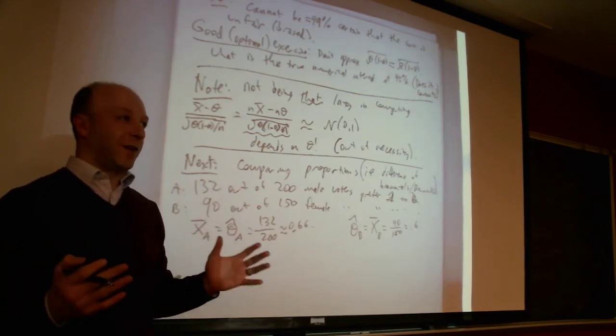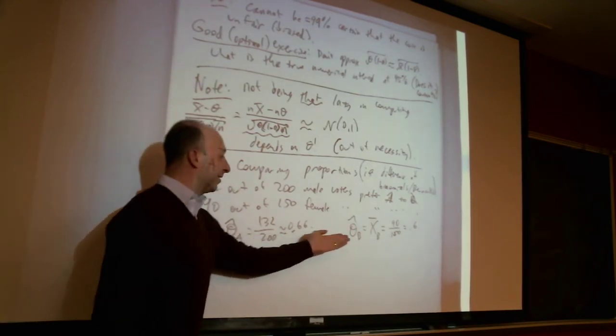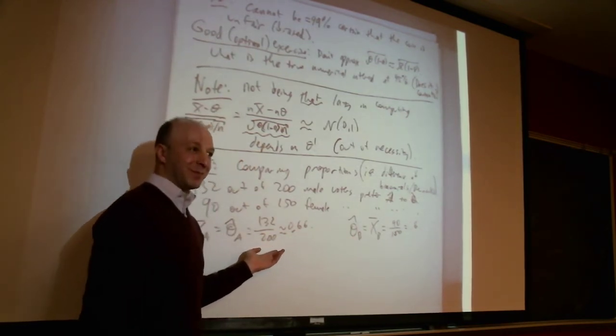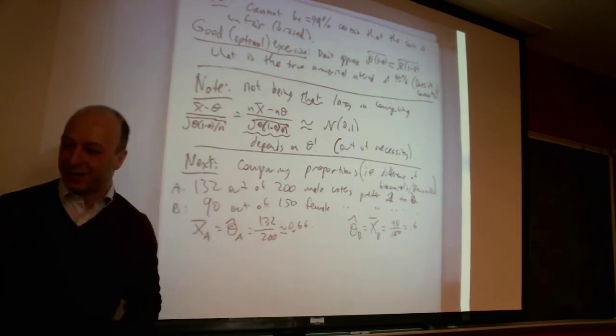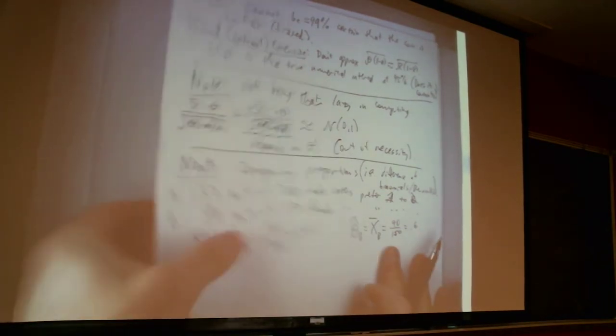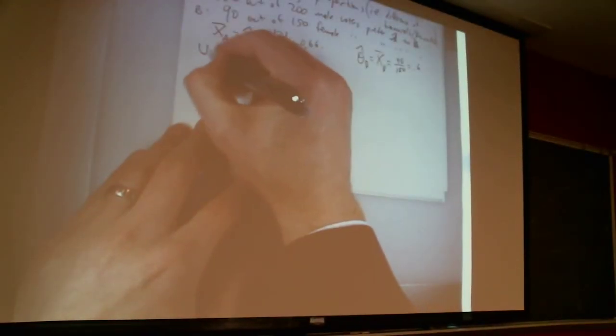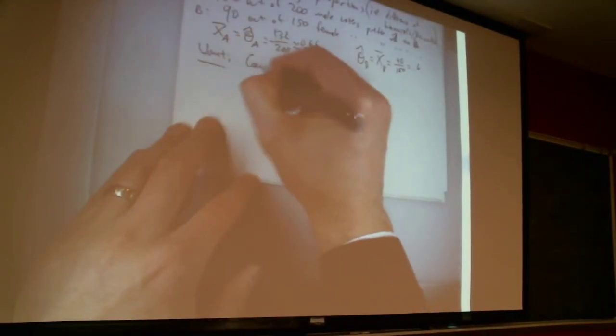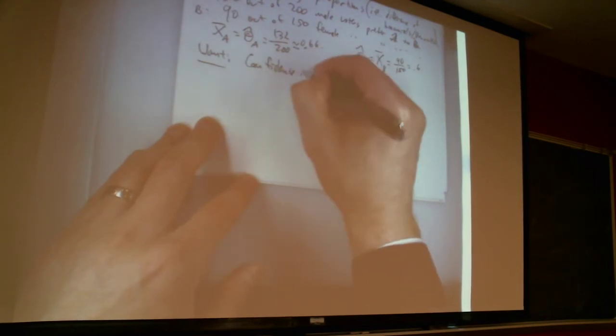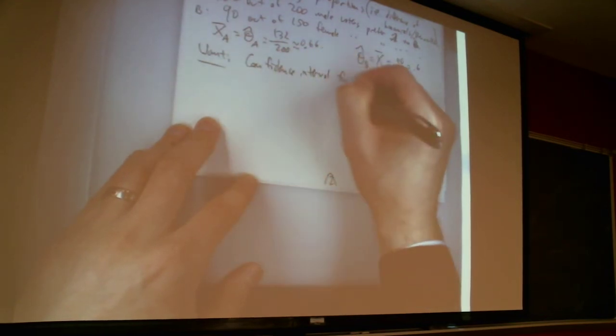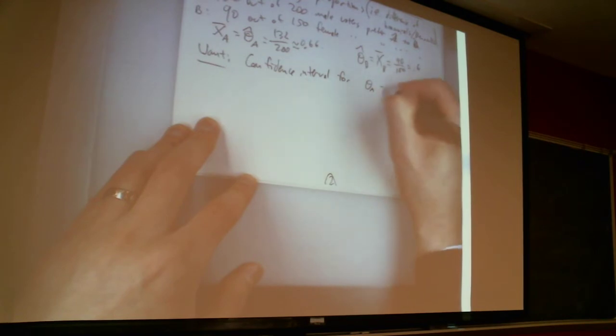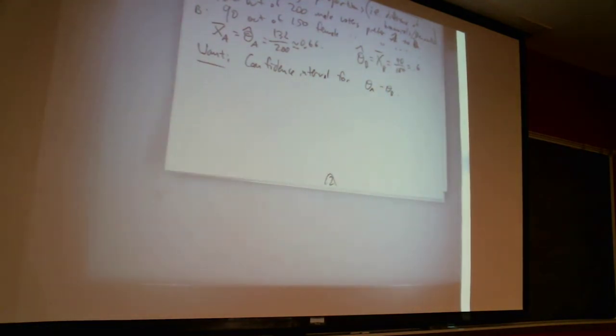How confident are we in that statement from these numerics? So let's find a confidence interval. What we want is a confidence interval for theta A minus theta B. Okay?